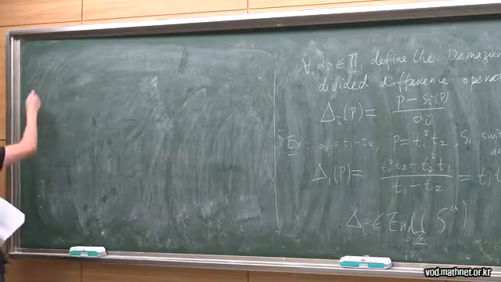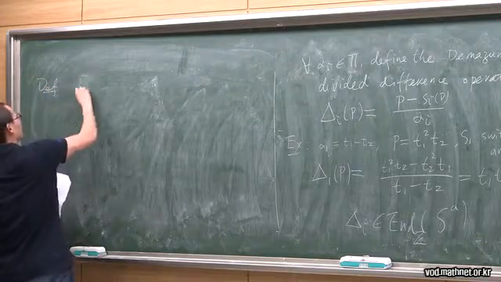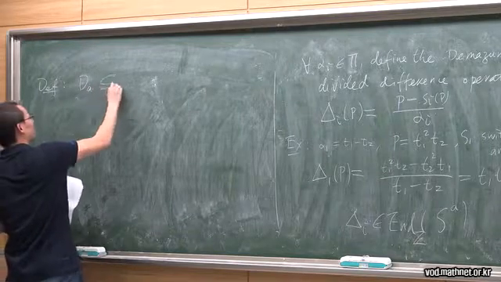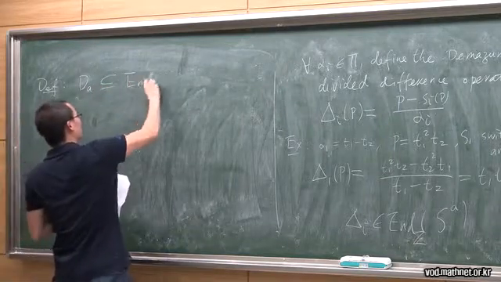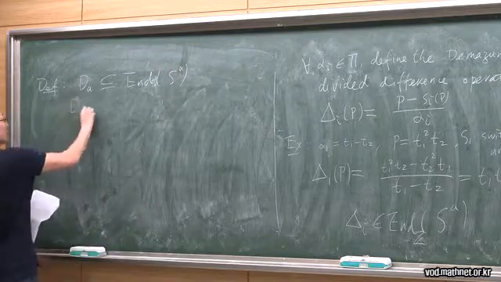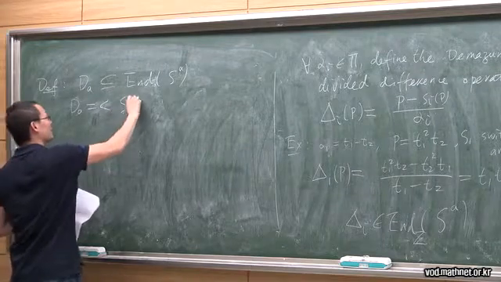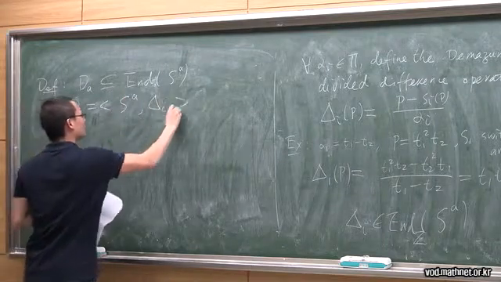So if you define DA to be the algebra, in the endomorphism ring, generated by SA.